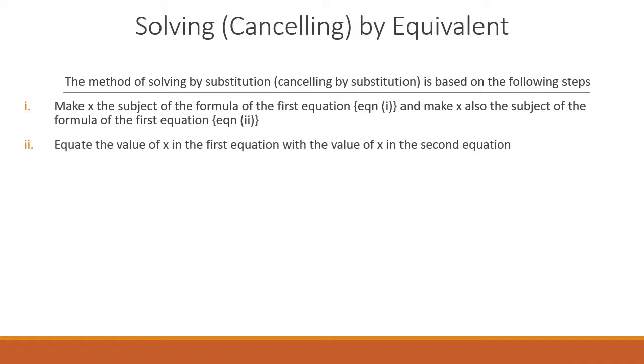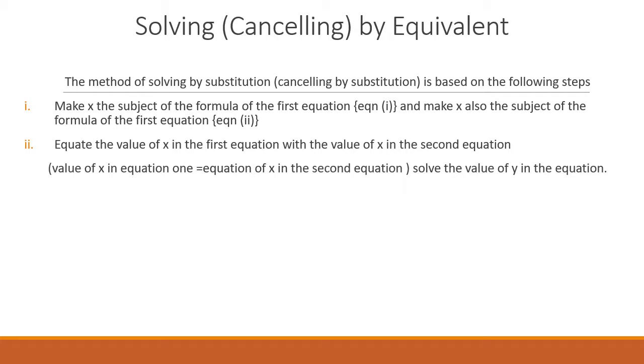And then secondly, you have to equate the values of x in the first equation with the values of x in the second equation. After you made x the subject of the formula in both equations, you have to equate the two values. To equate means that you make them equal or equivalent.